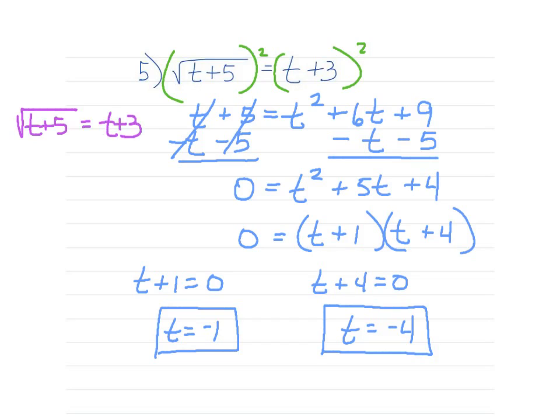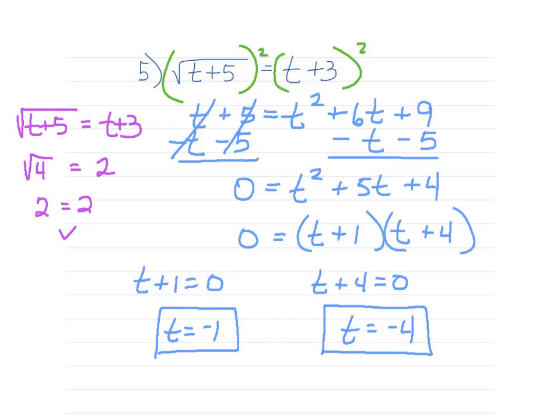So let me substitute negative 1. If I substitute negative 1 for t, I'll have radical 4 is equal to negative 1 plus 3, which is 2. And so radical 4 is 2, equals 2. That looks to be a viable solution.